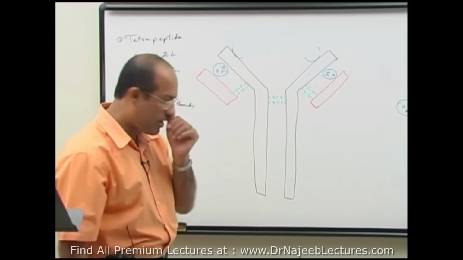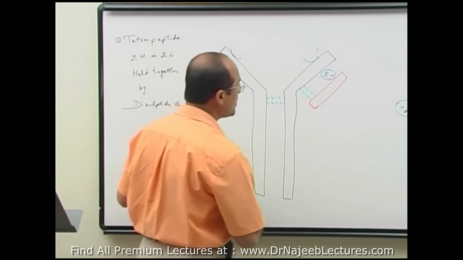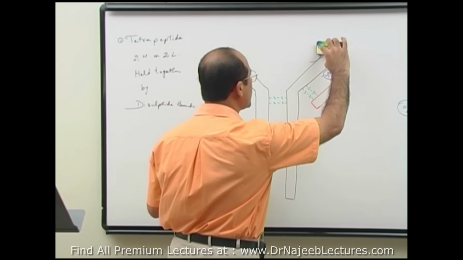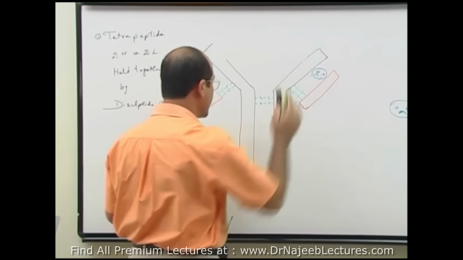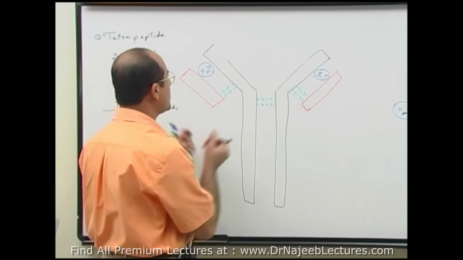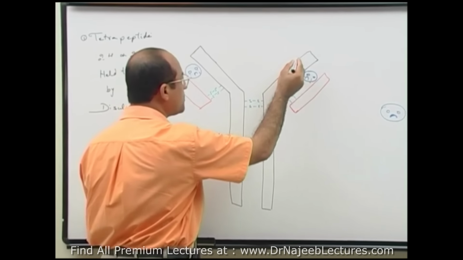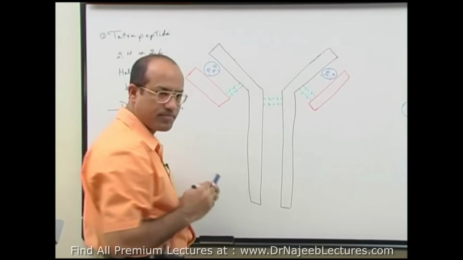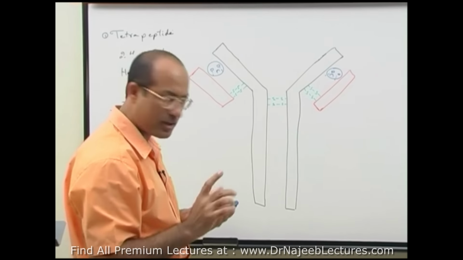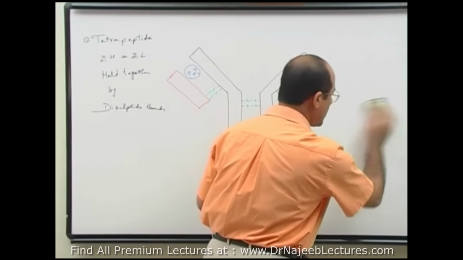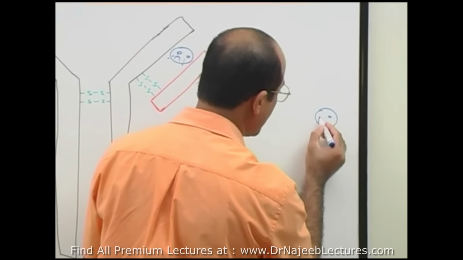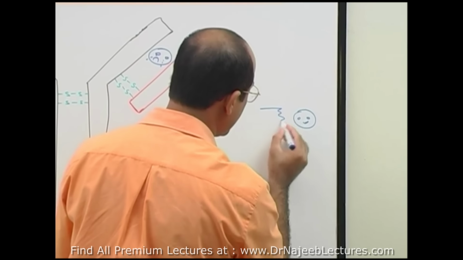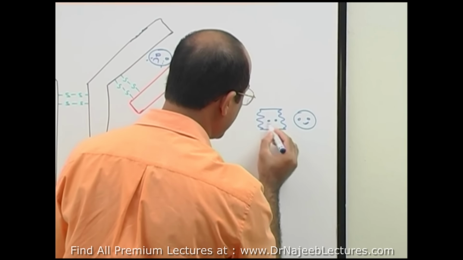Is that right? Now, let me tell you. Actually, the antibodies which are directed against different antigens must be different in this area. Let me tell you what I am saying. For example, here is one antigen like this, and another antigen is like this.